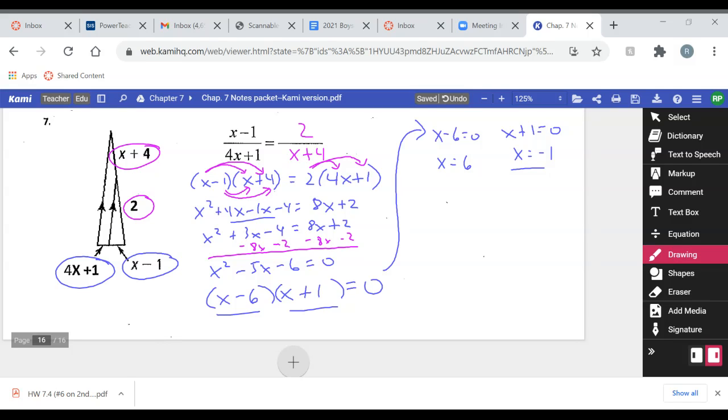Well, that doesn't make sense for a side of a triangle, a piece of that to be negative 3. So that is what tells me that I should cross off the solution that doesn't actually work with this particular geometry problem. So I know that x is equal to 6 is my actual solution to this problem.